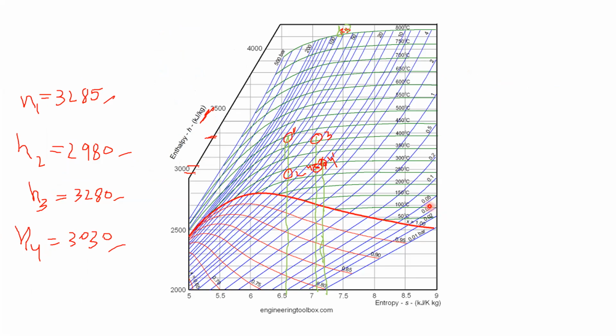That means I have a 0.05 bar line and a 0.1 bar line. At the intermediate position, approximately this position, we have the 0.07 bar line. If you extend this one up to this line, that will give you the enthalpy at the fifth state.